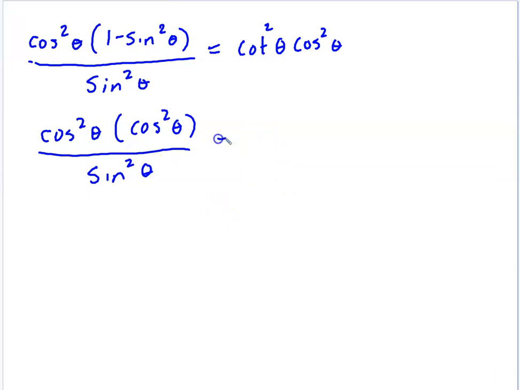All right, so what we have here, if we divide cosine squared by sine, that's how we get the cotangent. So we just divide here, and I'll just go ahead and write it out.